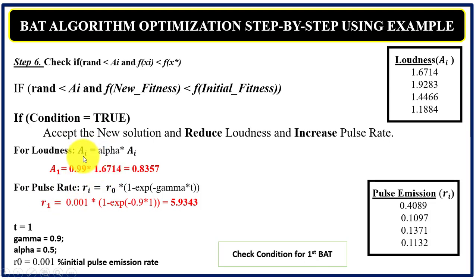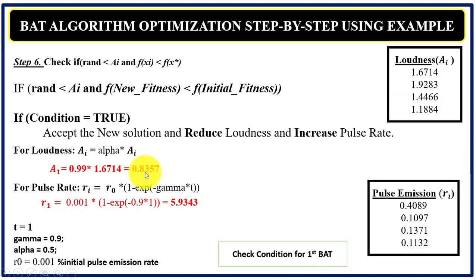For the first bat, we have loudness 1.674114 times the value of alpha, which we are using here as 0.9. We computed this, and the new loudness for the first bat is 0.8357. You can see we reduced this value from 1.6714 to this.